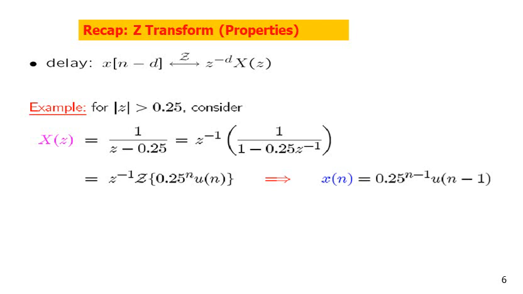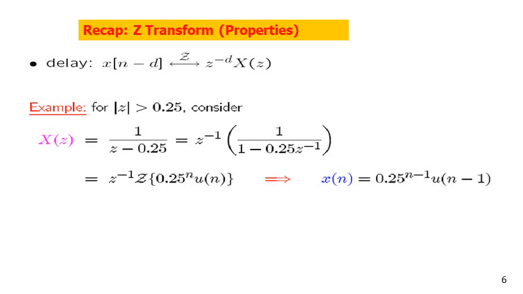So from here we gather that it would be a causal or right-sided sequence, and we may be able to convert it into a Z transform that would translate to a unit step in time domain.